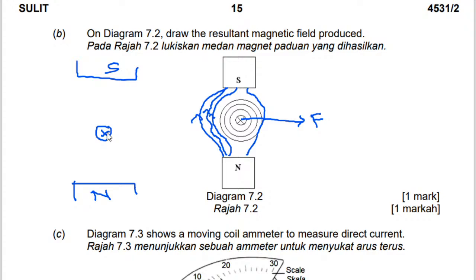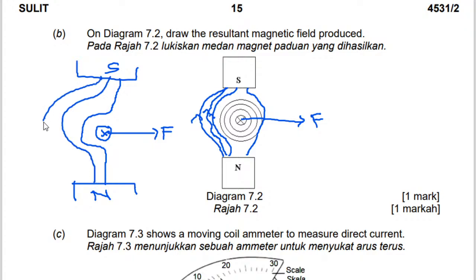So we know that the conductor moving to the right. Okay, so I know here mesti lebih banyak line. So I can draw ke kanan sedikit lah here, so that I can have more space to draw. Kan? Draw like that. So can have more space to draw. At least ada 3 sebelah kiri, 2 sebelah kanan.